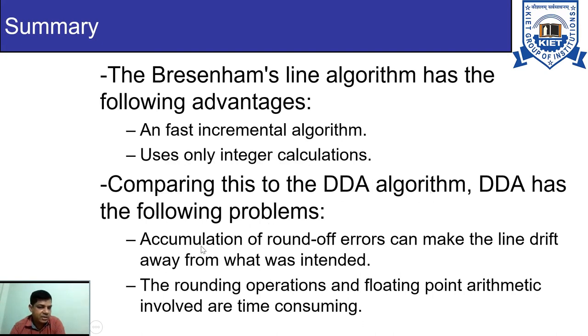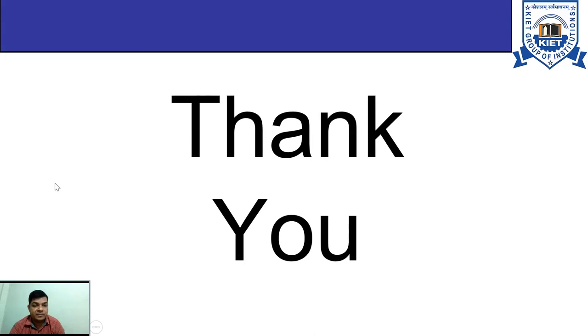The first problem was that we are doing the rounding of the values and we are doing the operations on floating point. So these two are the limitations of DD algorithm, and these two limitations are overcome by Bresenham's algorithm, and this algorithm is fast in comparison to DDA algorithm. Thank you.